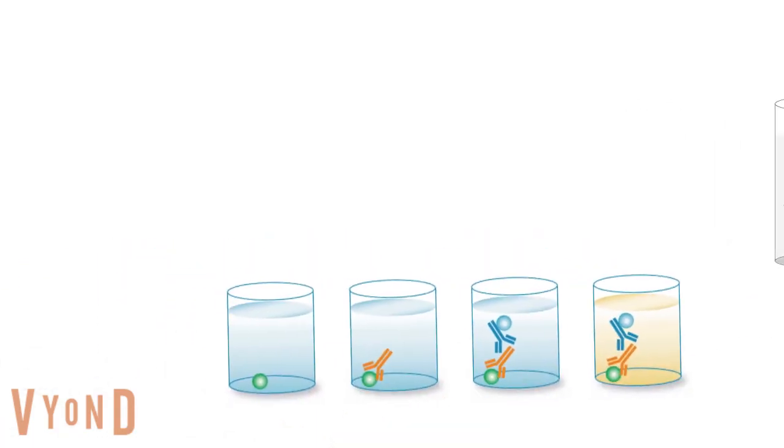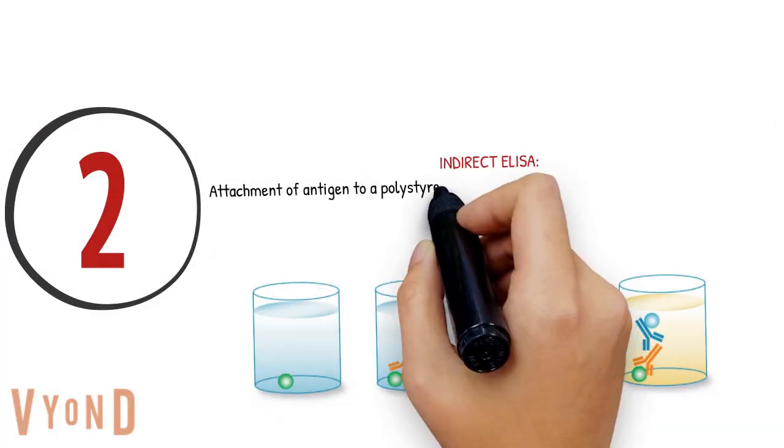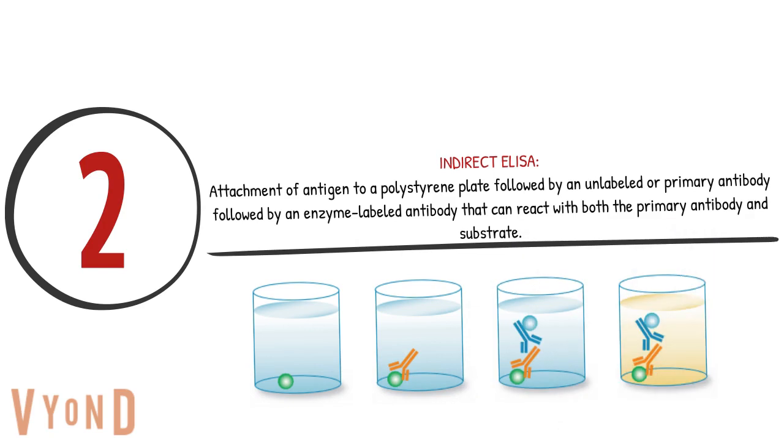The second test we will be discussing is indirect ELISA. Indirect ELISA is the attachment of an antigen to a polystyrene plate, followed by an unlabeled primary antibody, followed by an enzyme-labeled antibody that can react with both primary antibody and substrate.